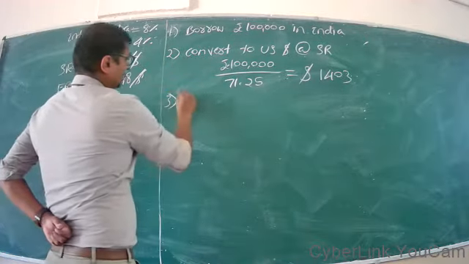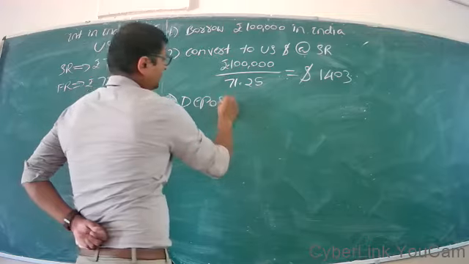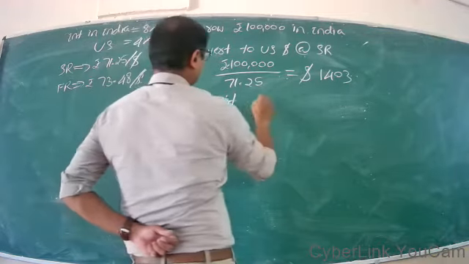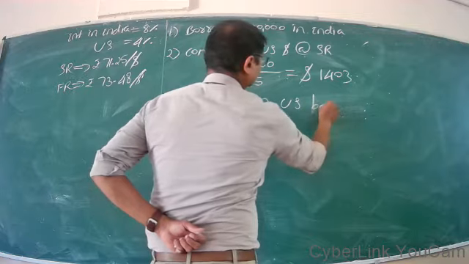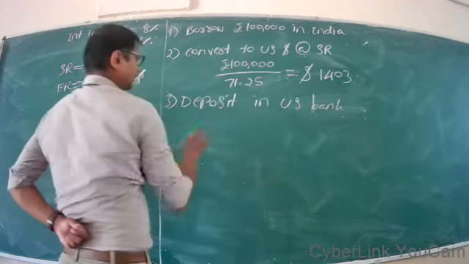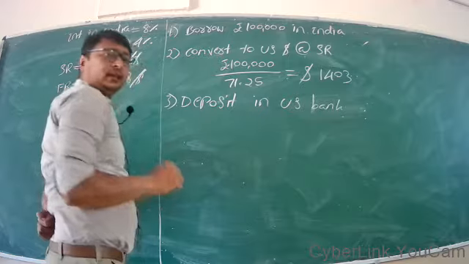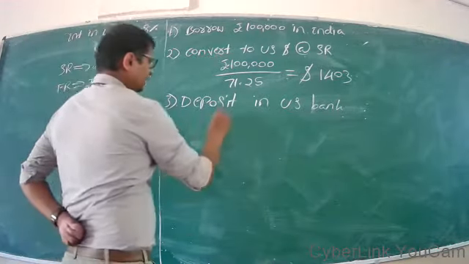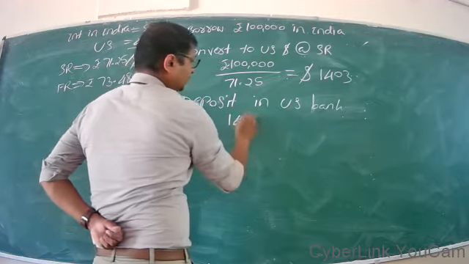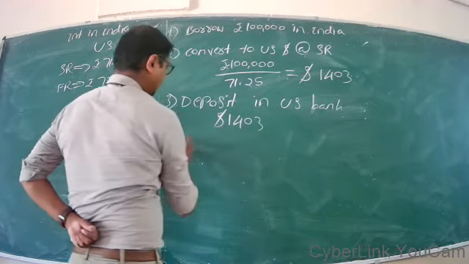Now you deposit in a US bank for 1 year and US gives you 4% interest. So the principal amount is 1,403 US dollars plus interest.